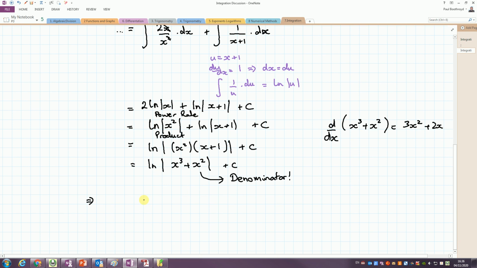This is quite an important result. Because if you can spot this relationship in integration, you don't have to do all the work that's happened above it. Sorry, I forgot to put in the black part on the other side.